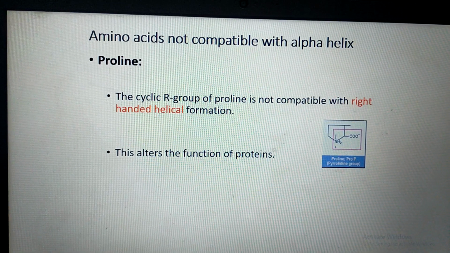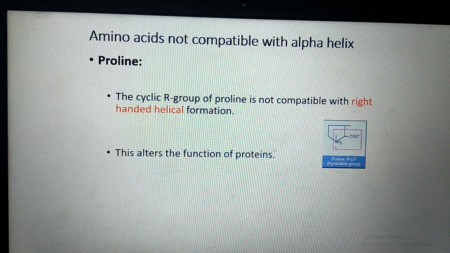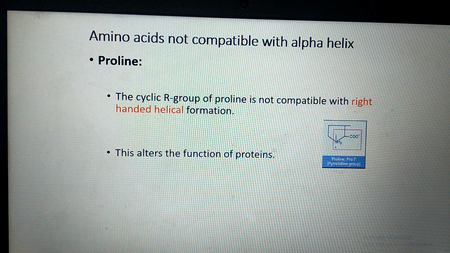Now, some amino acids are compatible with alpha helix structure and some are non-compatible with alpha helical structure. That means in that structure they are not suitable. For example, proline. The structure of the proline amino acid is cyclic.